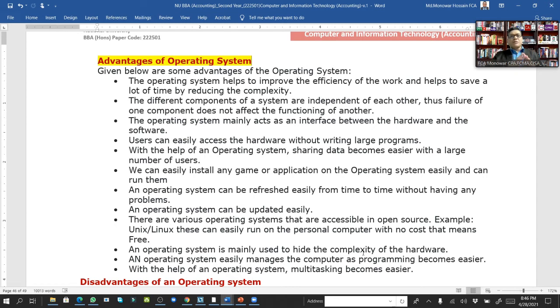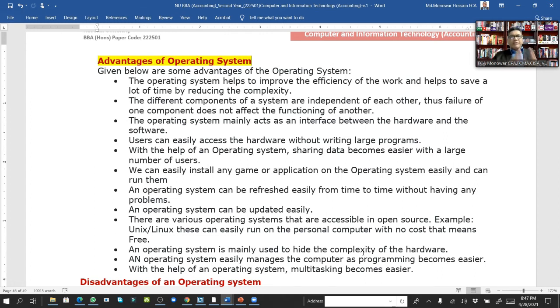With the help of the operating system, sharing data becomes easier with a large number of users. We can easily install all the programs, games, and applications on the operating system and run them. An operating system can be refreshed easily from time to time without any problems. It can be updated easily.